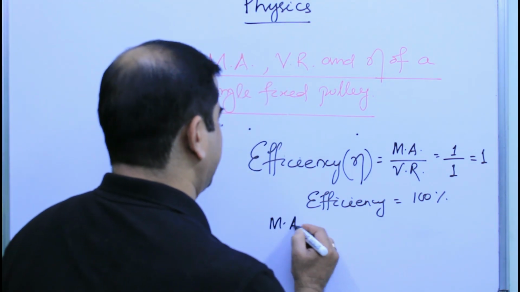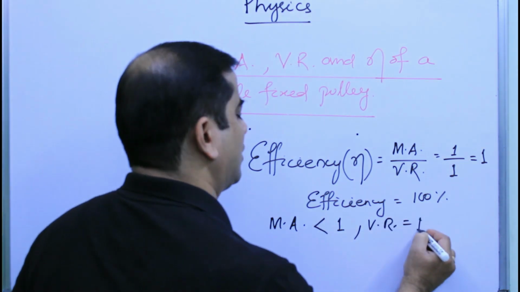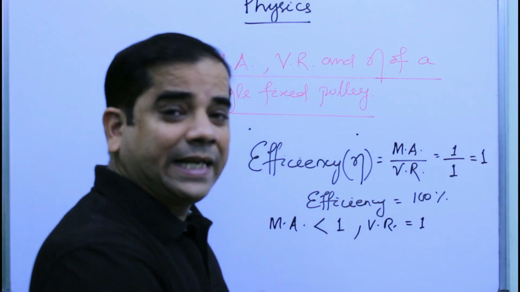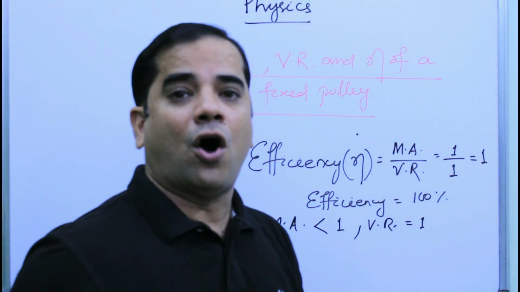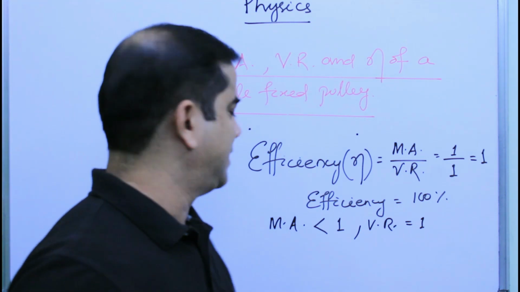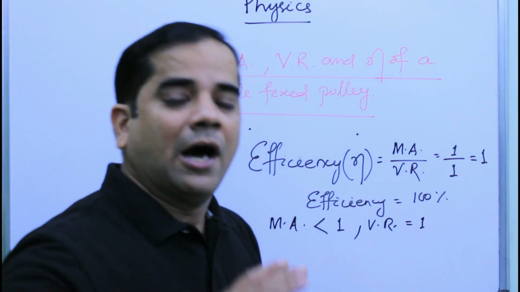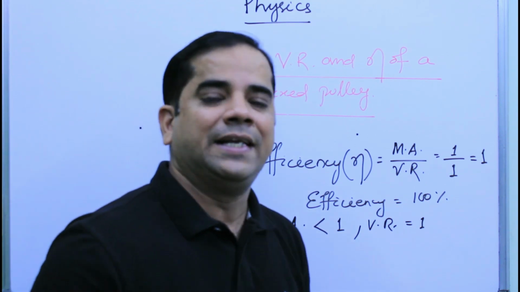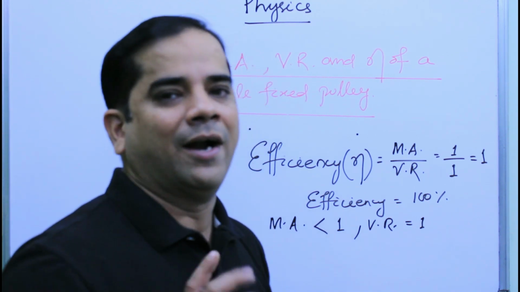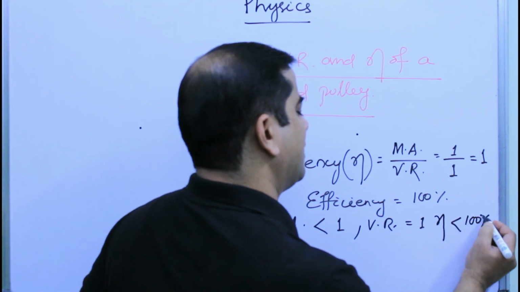But velocity ratio equal to 1. So that is why the efficiency of a single fixed pulley is always less than 100%, because mechanical advantage is less than 1. So efficiency is also less than 100%.